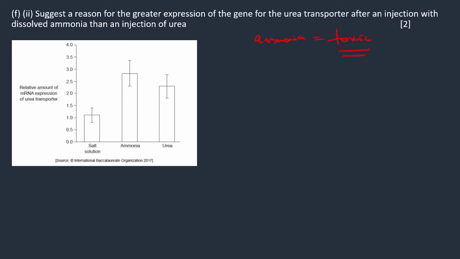And so it can't be stored. It has to be gotten rid of right away. Ammonia, for excretion, is then converted into urea. And so therefore, if you increase the amount of ammonia present, you're going to increase the amount of urea present. And to get rid of this urea, you need to increase the number of urea transporting proteins.